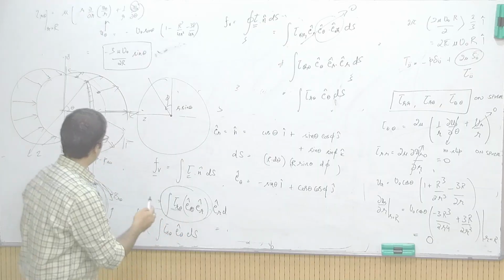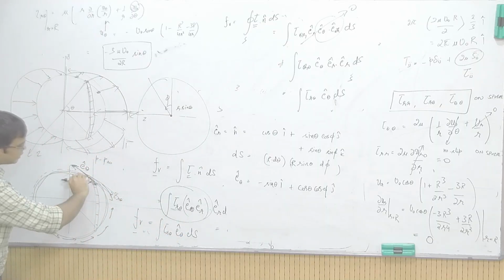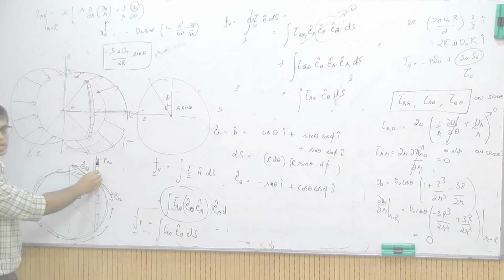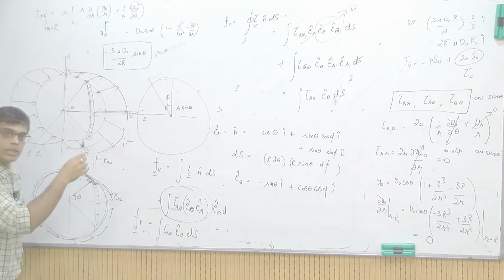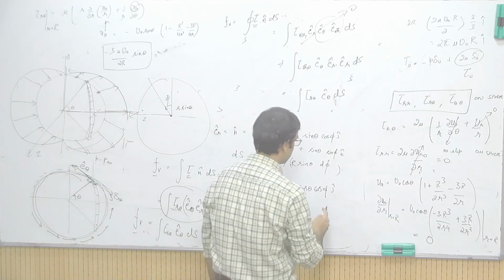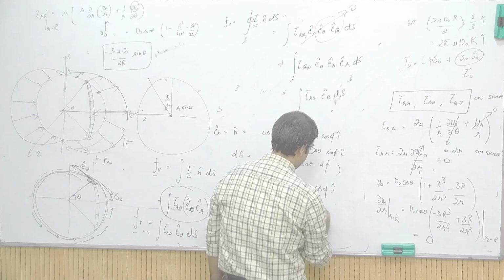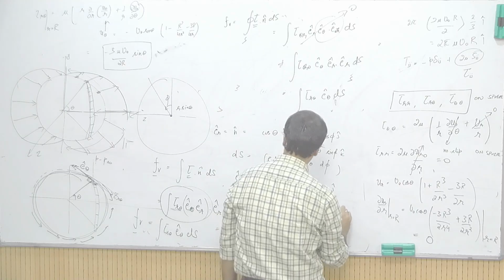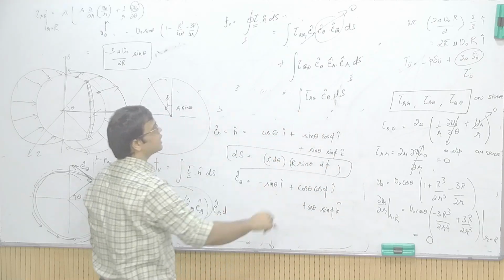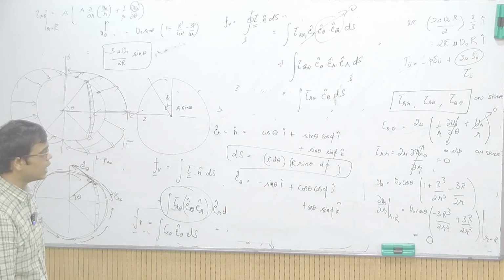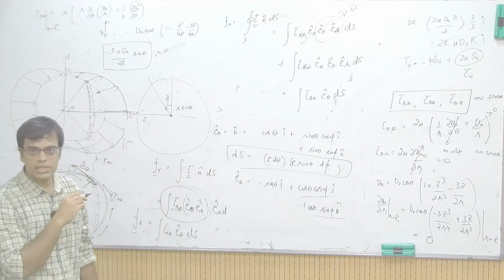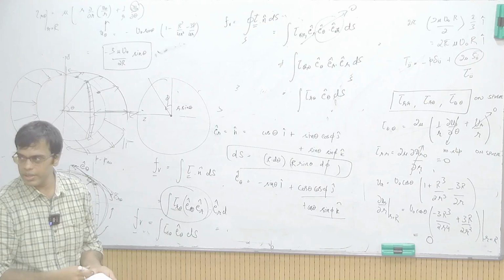Okay. After you convert, this is e hat theta sin theta, and then e hat theta cos theta is in the yz plane now. In the yz plane, same things are happening. The angle of phi is with respect to j cap, so this is cos phi j cap plus cos theta sin phi k cap, and ds remains as it is. So again there is an integration over phi, and these guys will cancel out because this is sin phi d phi 0 to 2 pi, cos phi d phi 0 to 2 pi.